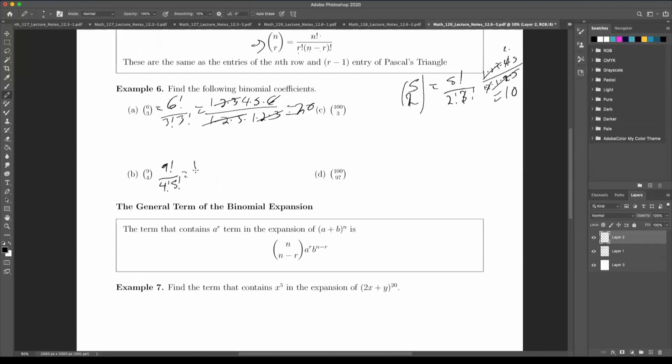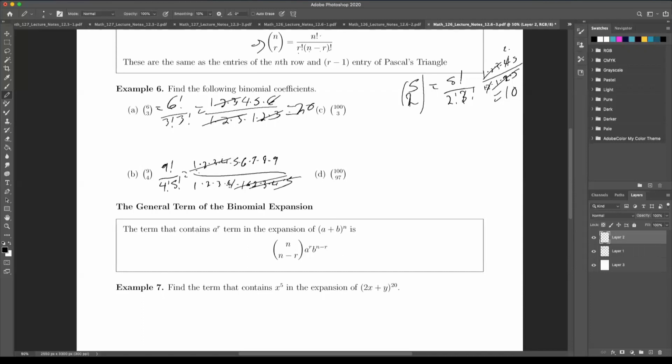So this is going to be 1 times 2 times 3 times 4 times 5 times 6 times 7 times 8 times 9, all over 1 times 2 times 3 times 4 times 1 times 2 times 3 times 4 times 5. You can crunch this through a calculator, but I'm just showing you how to do it by hand. You can always take the larger factorial, cross that off, and then see what you can get rid of.